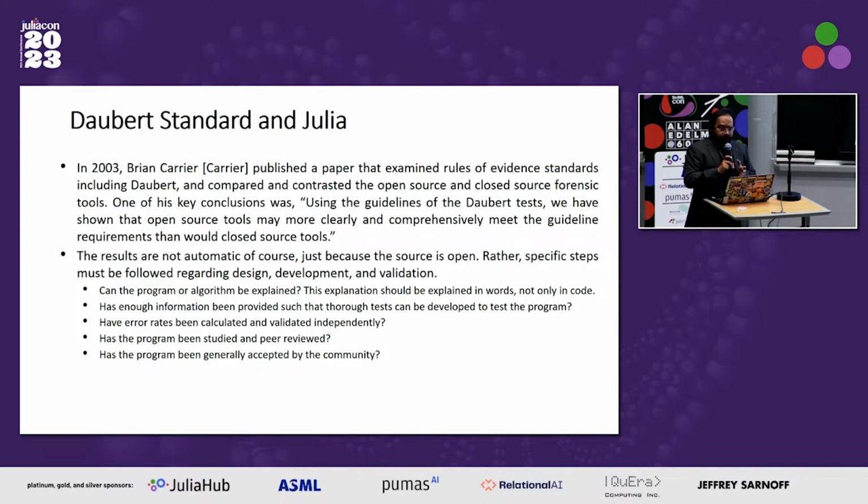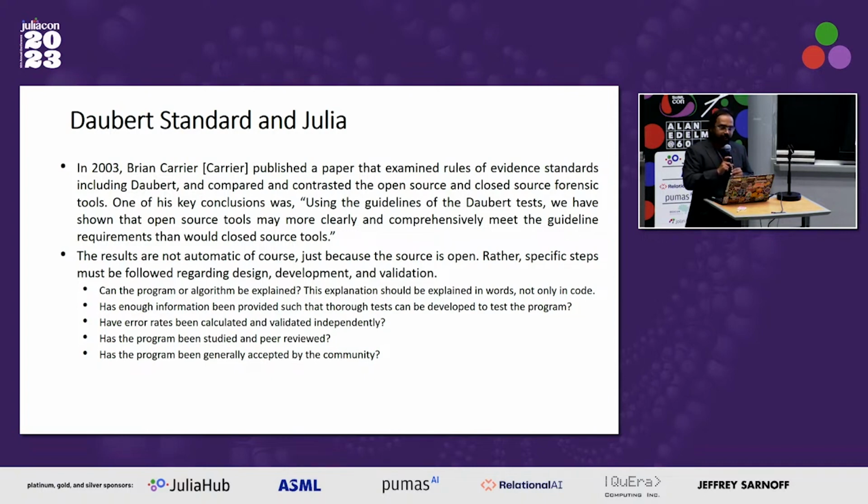And when we apply these rules to the Julia language, then we have to ask the questions in a different manner here. So here we can ask, can the program or algorithm be explained? So this explanation should also be in words, not only in code. Then, has enough information been provided such that thorough tests can be developed to test the program?